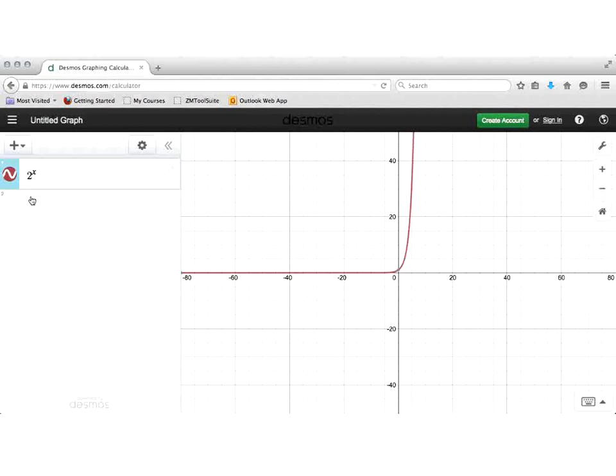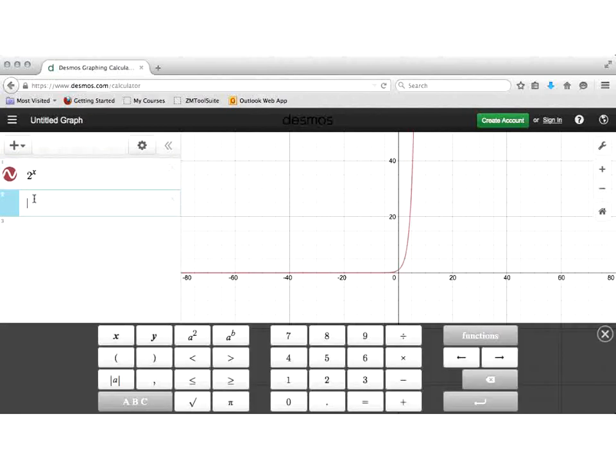Now let's go down to the number 2. Leave 2 to the x in there, and let's try 3 to the x. So let's type 3, your a to the b power, with your x. And notice what Desmos does for you: next to the formula, it shows you what color it's graphing your line.